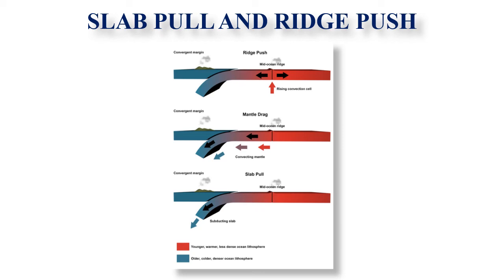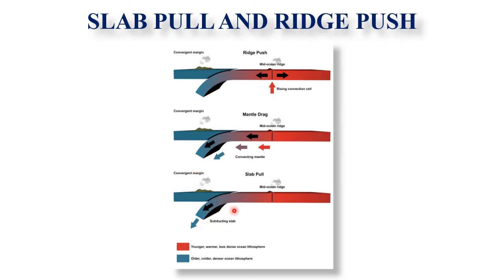Geologists generally agree that subduction of a cold, dense slab of oceanic lithosphere is a major driving force of plate motion, as we can see in this figure. This phenomenon is called slab pull. It occurs because cold slabs of oceanic lithosphere are more dense than the underlying warm asthenosphere and hence sink like a rock, meaning that they are pulled down into the mantle by gravity.